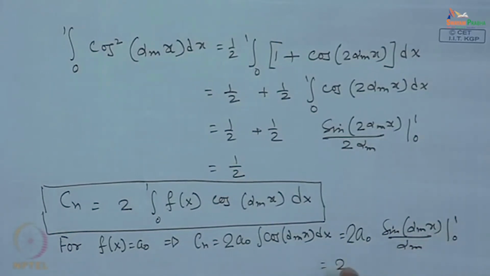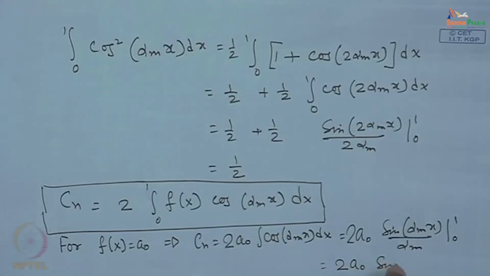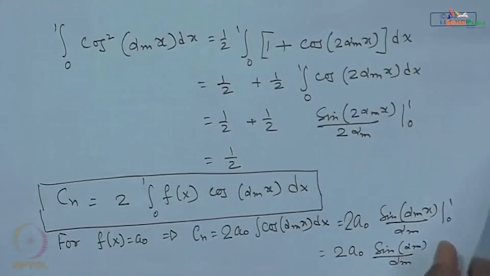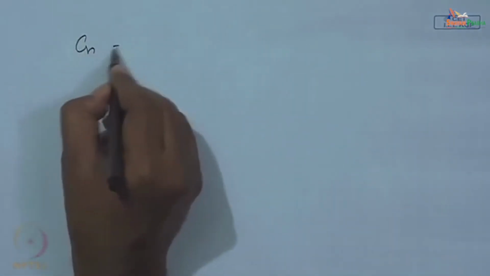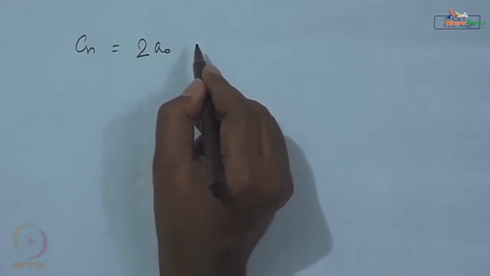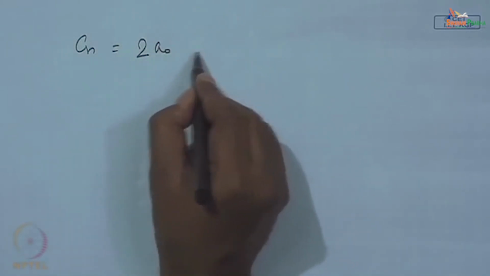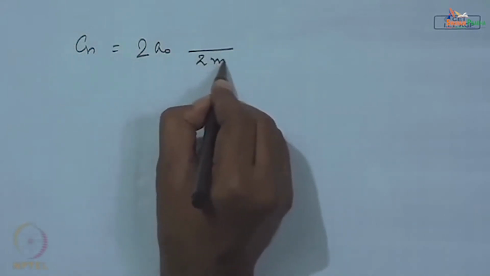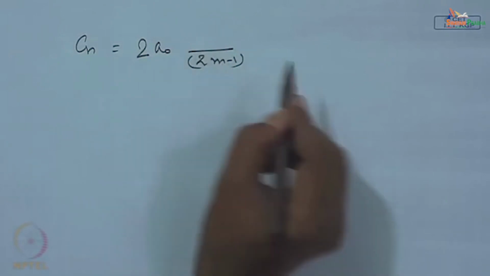So, this becomes 2 a naught sin alpha m divided by alpha m. We put the value of alpha m as 2 m minus 1 pi by 2.